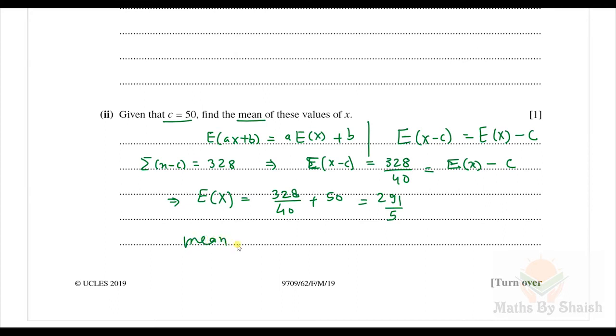So mean of these values of x is 58.2. 291 upon 5, that is 58.2. That is the mean of the values of x, that is expectation of x, or we can say it is summation of x over n. It is the mean. So I hope it is clear.